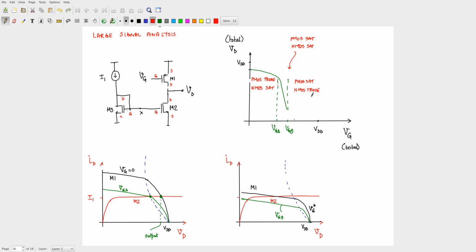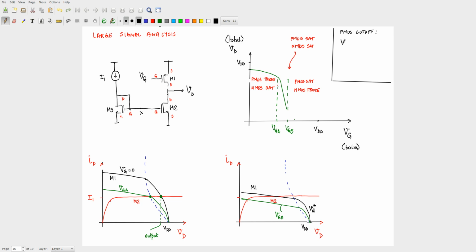When do you think your PMOS will be on? What is the cutoff limit for PMOS? For PMOS cutoff, what is the condition?